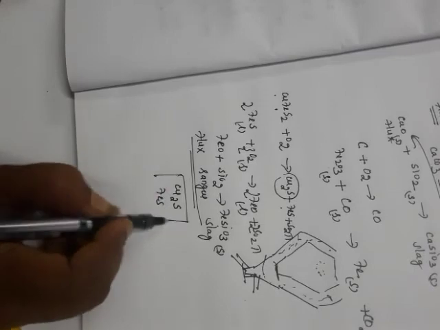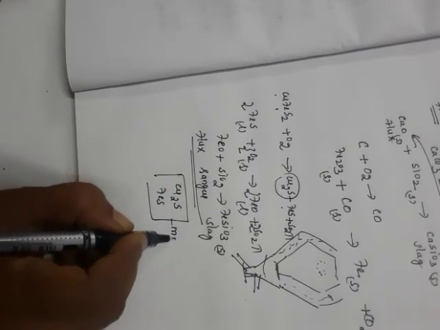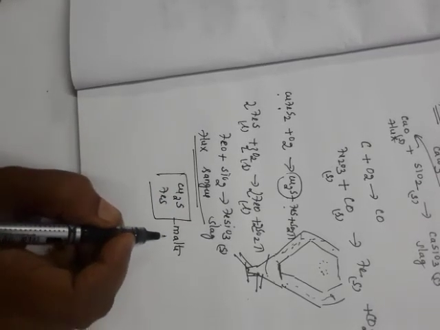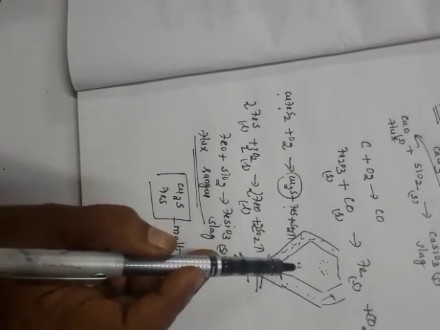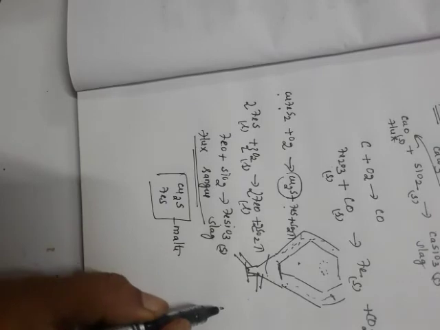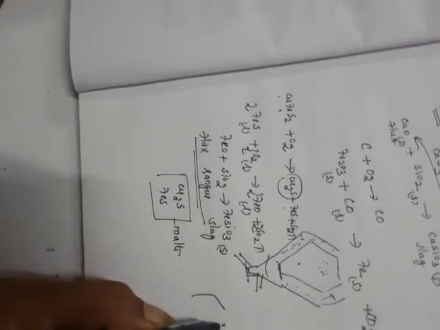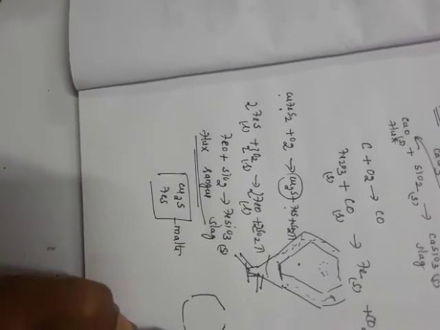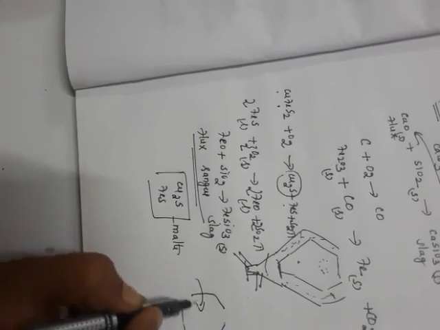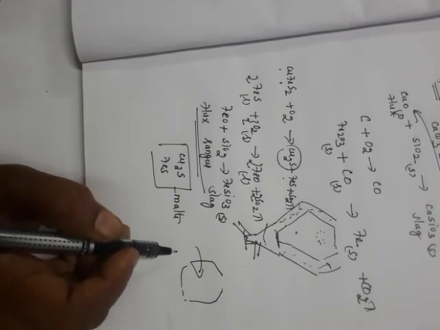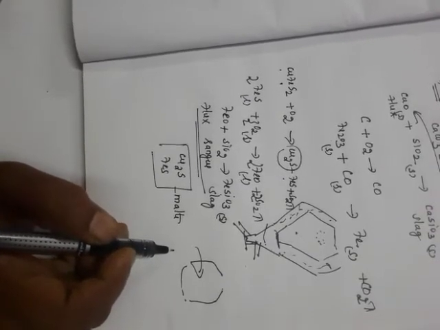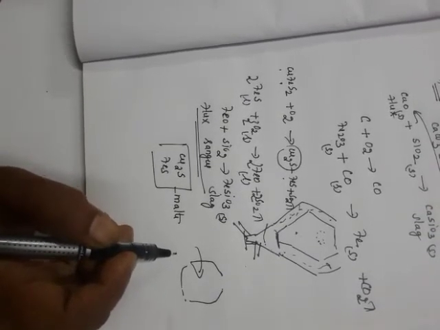This is transferred to a Bessemer converter, which is a pear-shaped converter like this.